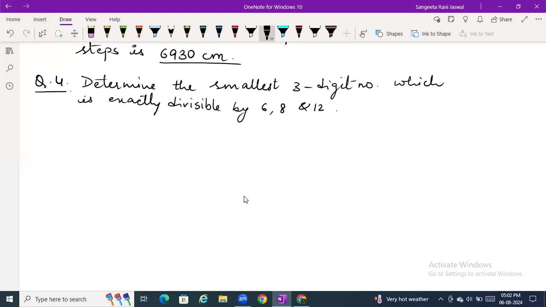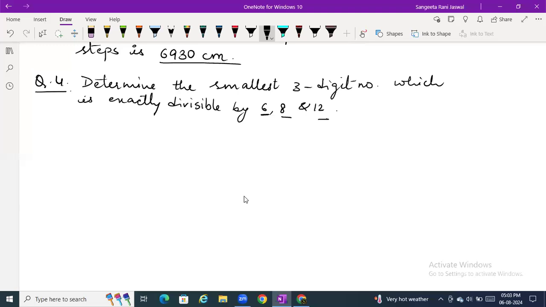See, the 3-digit number will be greater than all these 3 numbers, no? So the smallest 3-digit number will be definitely greater than these 3 numbers. So it has to be some big number bigger than these 3 numbers.